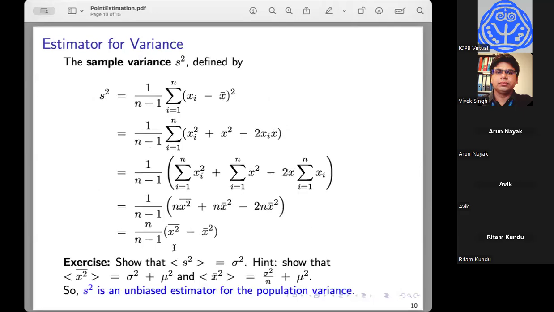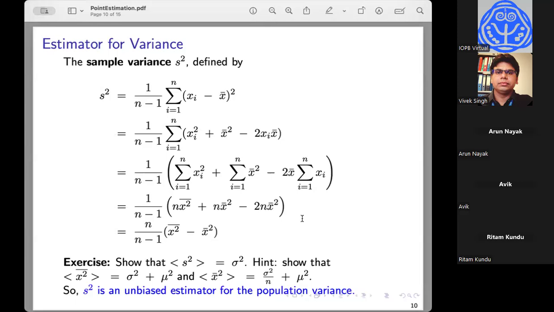Similarly, you can have the sample variance, defined as S square equals 1 over n minus 1, which you have to note, times the sum over x_i minus x average, squared. If you expand it and do a little bit of algebra, you will find it is n over n minus 1 times x square average minus x average squared. So why is the denominator n minus 1?